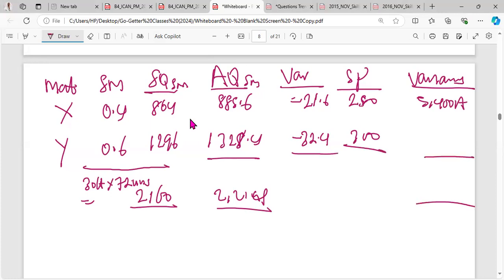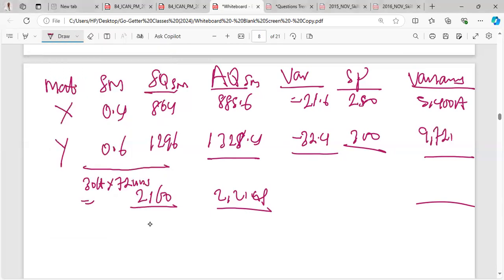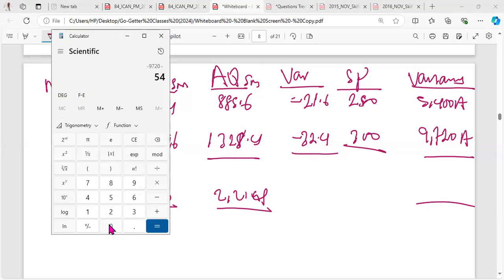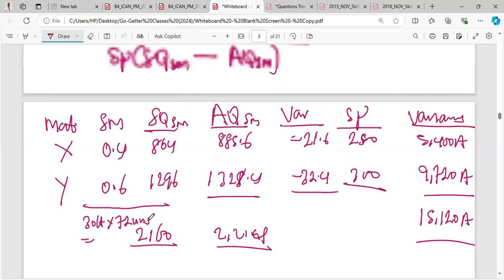Then we have 32.4 multiplied by 300. That gives you 9,720, still adverse. So 5,400 plus 9,720 gives me 15,120 adverse, as we got before. So that's your yield variance.